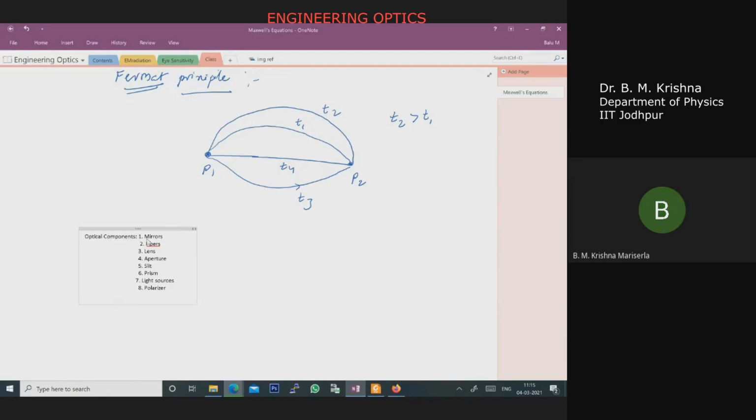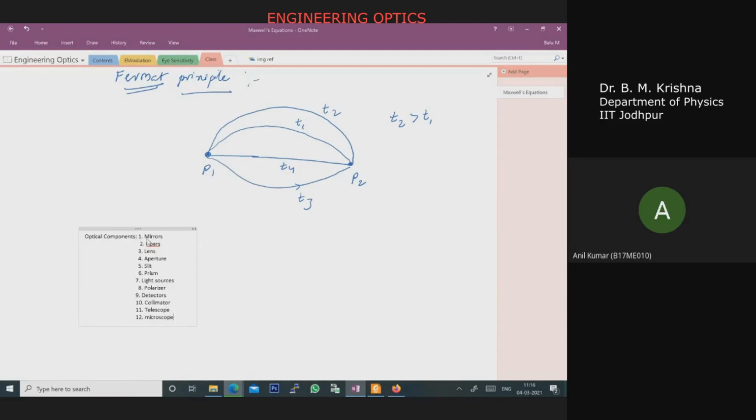Next, detectors. Collimator. Telescope and microscope.